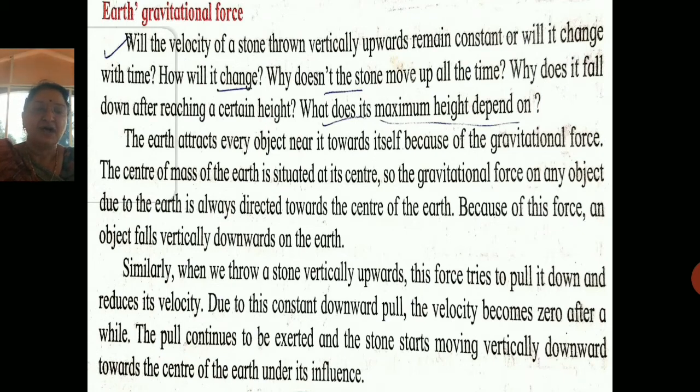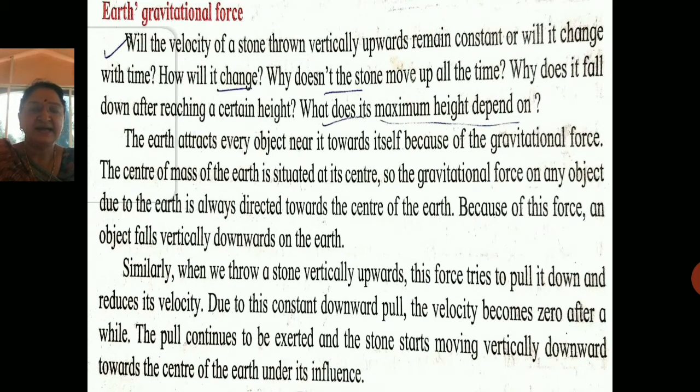And the answer to all these questions is that we know that Earth exerts gravitational force on any object on the surface of Earth or near the surface of Earth. Earth attracts each and every object near it towards itself. And as we throw the stone in a vertically upward direction, Earth exerts gravitational force on that object, and due to that force, the velocity of that stone decreases gradually.